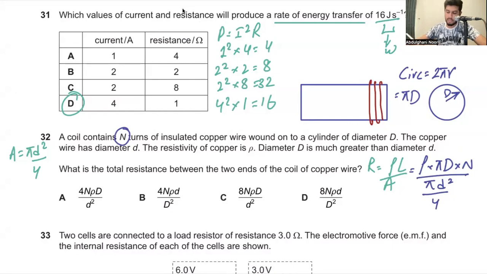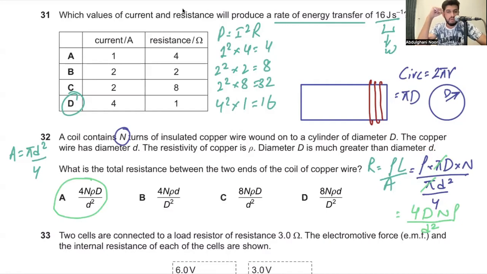What happens next is this pi cancels out with this pi, and you're left with 4 capital D times N upon d squared. 4 multiplied by resistivity, resistivity भी है, rho. This is rho. So the answer is 4n rho capital D upon d squared.